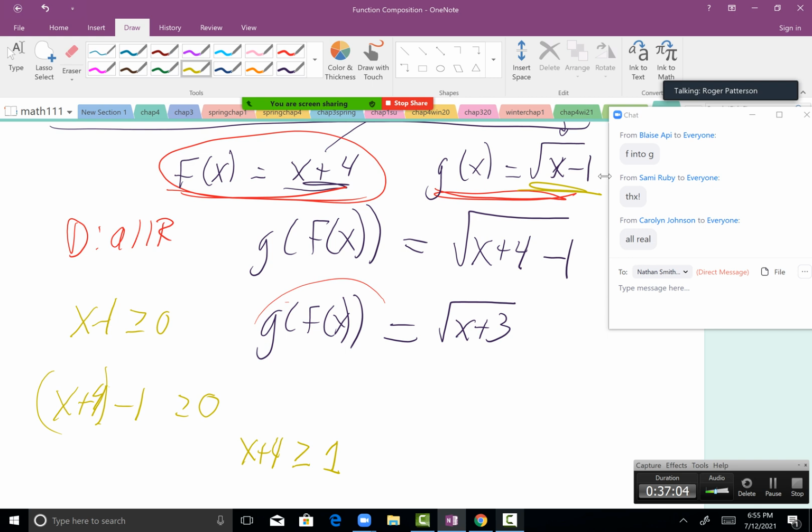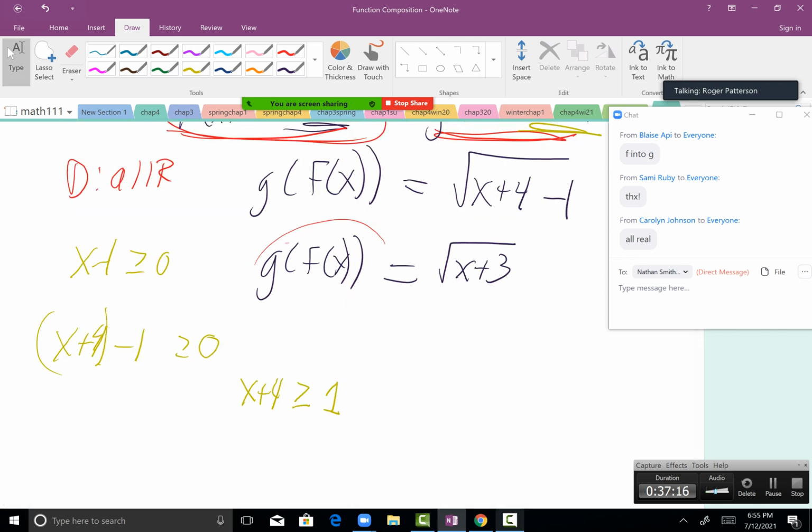Anything greater than 1 is okay, because 1.5 minus 1 is 0.5. So I'm going to go ahead and go like this, and now I have this. So my domain now is x is greater than or equal to 3. So the domain for this one is x is greater than or equal to 3.